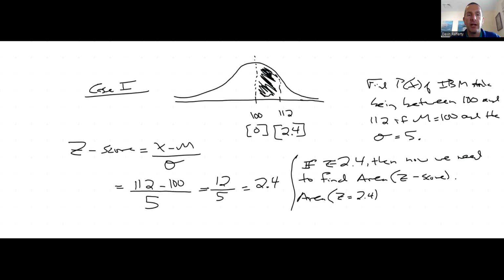Once you have a z-score of 2.4, we need to find the area associated with it. How do we do that? I'm going to switch the screen share with you. Remember, the z-score is 2.4.